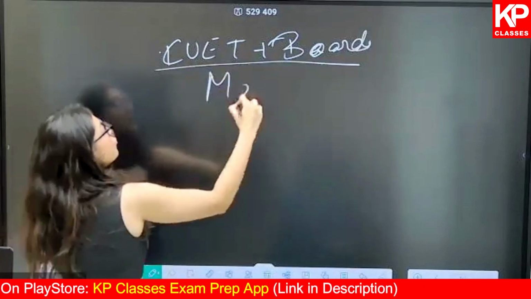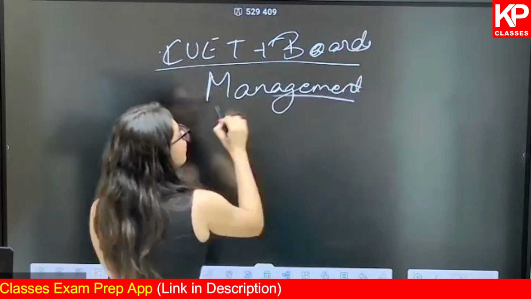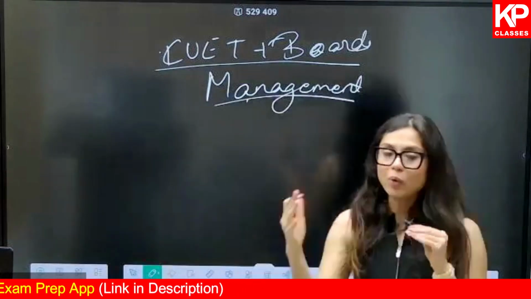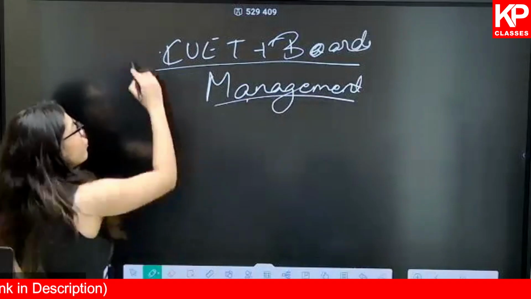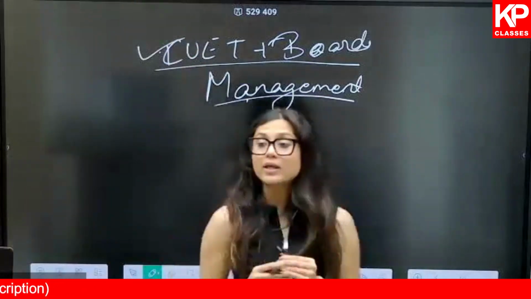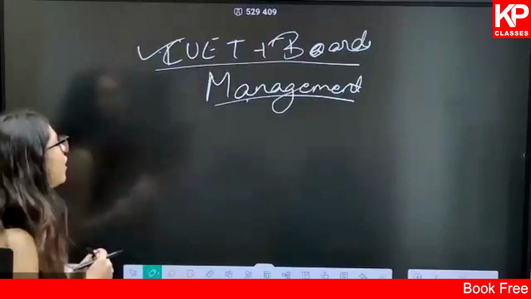मेन problem है management. Class 12 है, boards सर पे है, you need to score good marks, but the problem here is you need to give CUET as well. CUET और boards के marks को manage कैसे करना है?